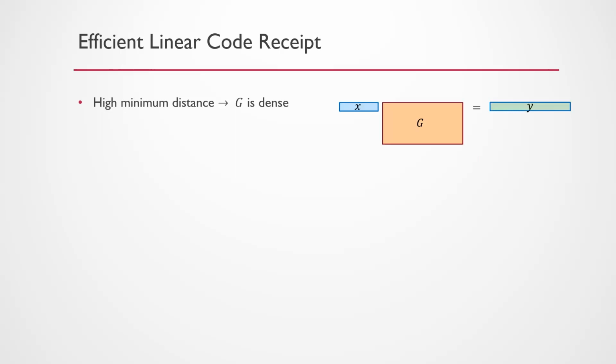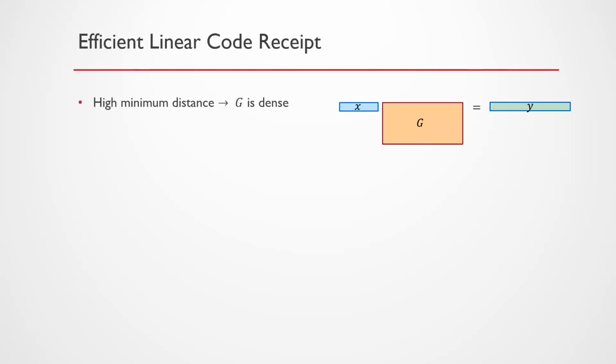So, when we start, we have our criteria. Can we narrow down what our code might look like? Well, the high minimum distance property that we need immediately says that this G matrix must be dense. An easy way to see this is let X be a message, and then for unit vectors of X, each row of G will be a code word.